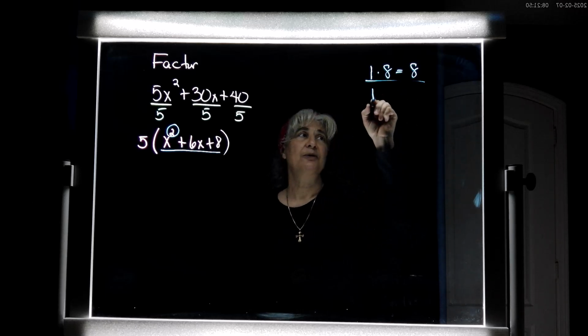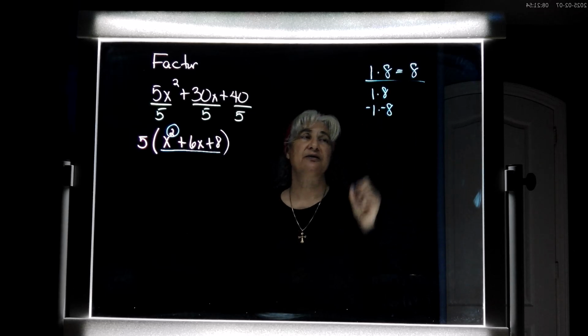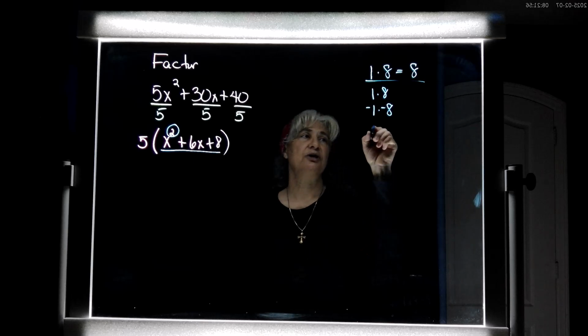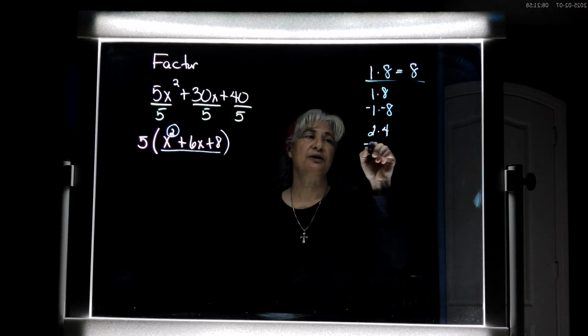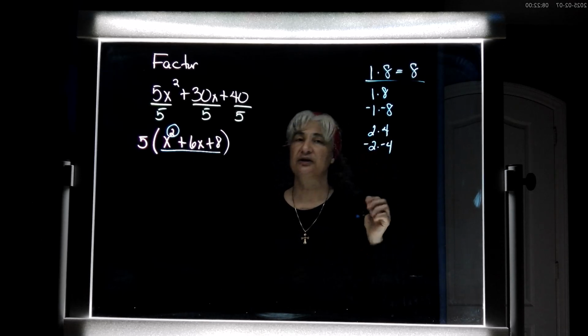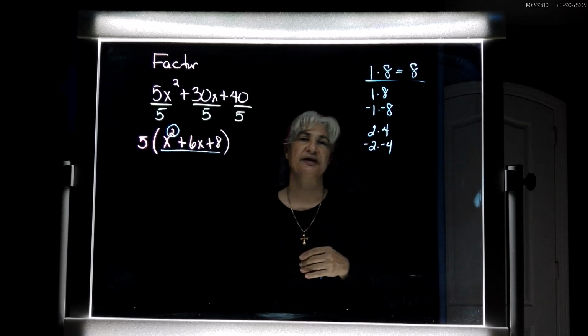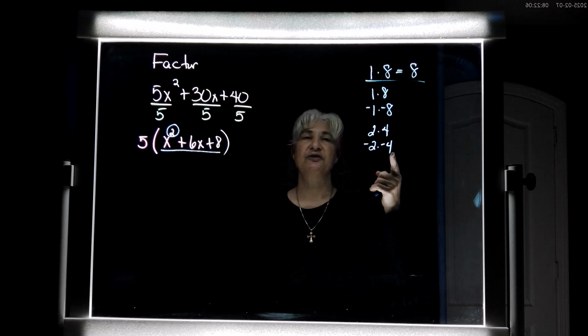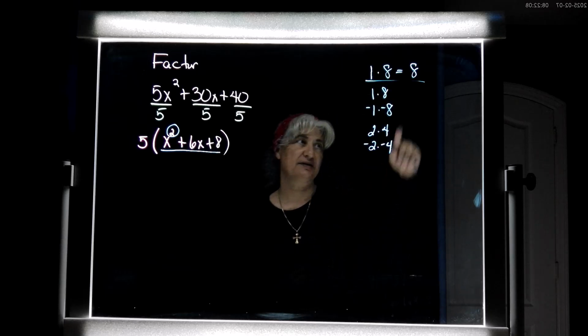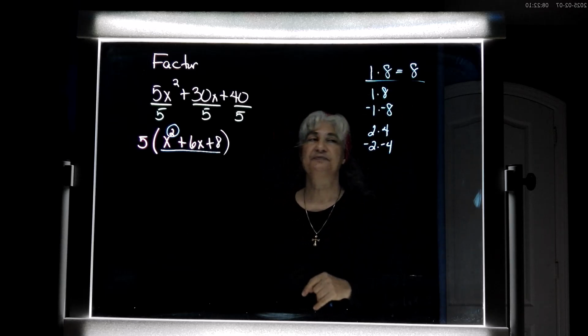Keep it in order. Positive 1 times positive 8. Negative 1 times negative 8. What's after 1? 2. 2 times 4, or negative 2 times negative 4. Agreed? Okay. 3 doesn't go in there. 4, well, we've got the 4, which means they're going back up this side. So we're all good here.